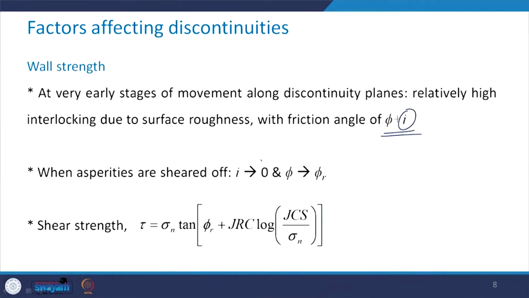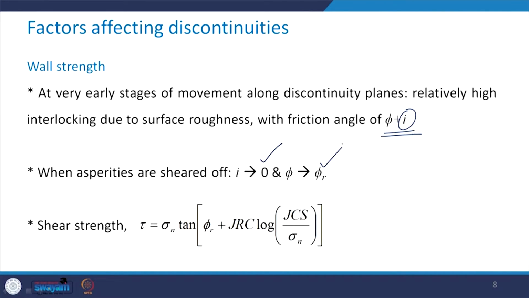Towards the end of the test, all the asperities will be sheared off and the roughness angle, which was i in the beginning, would become equal to 0, and this angle phi would tend to the residual friction angle phi r.